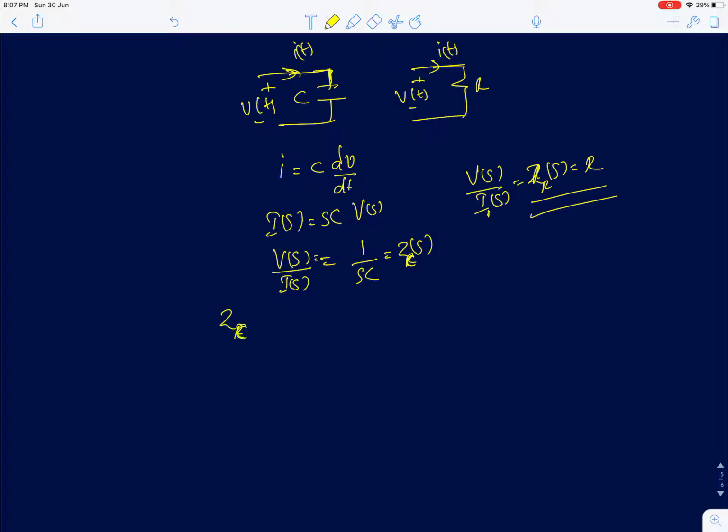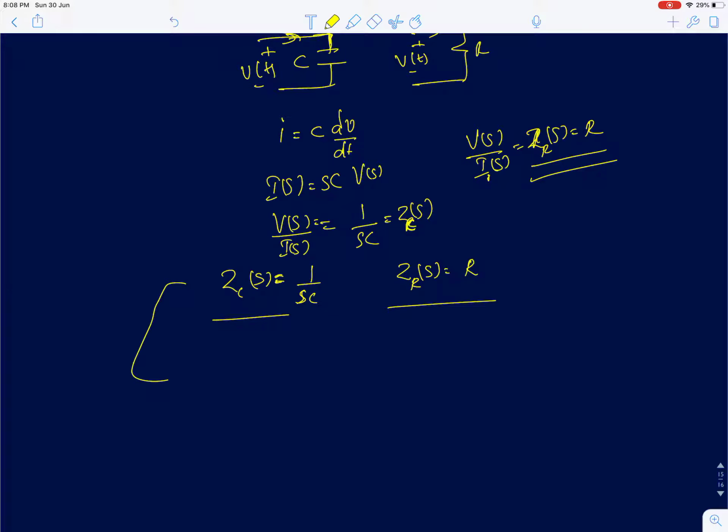So from the Laplace domain, we got ZC of s as 1 by sC. I am using the word impedance because it's a complex resistance. If the resistance contains complex numbers, it becomes impedance. So ZC of s is your capacitive impedance, 1 by sC, and for a resistor it is constant.